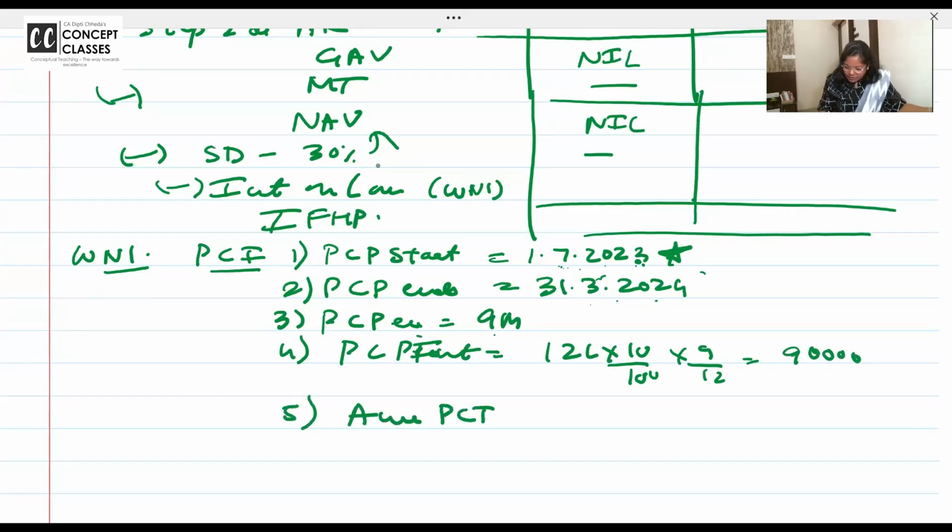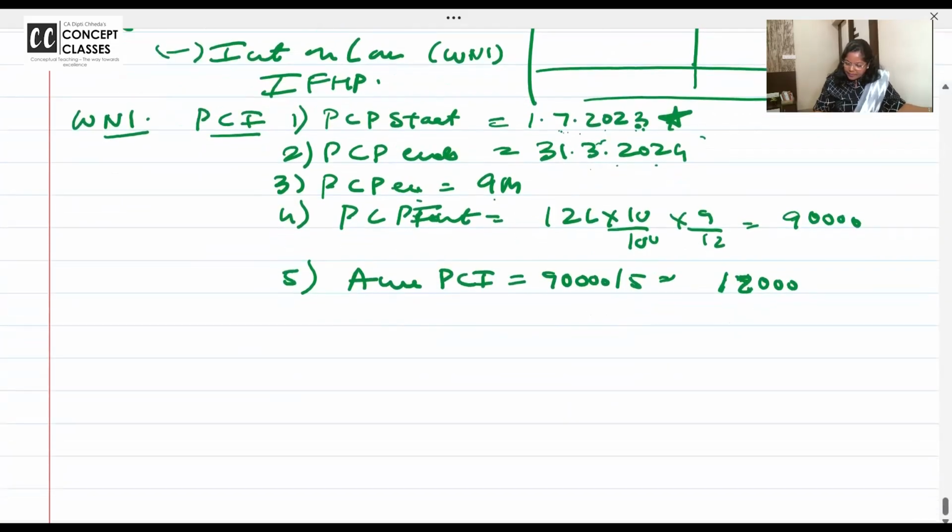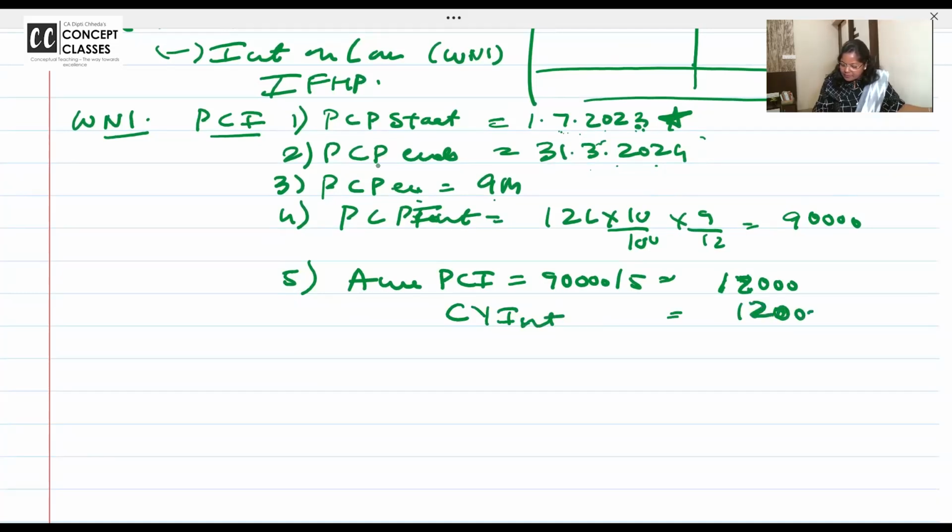Annual pre-construction interest 90,000 divided by 5 is 18,000, and the current year's interest is 1,20,000.